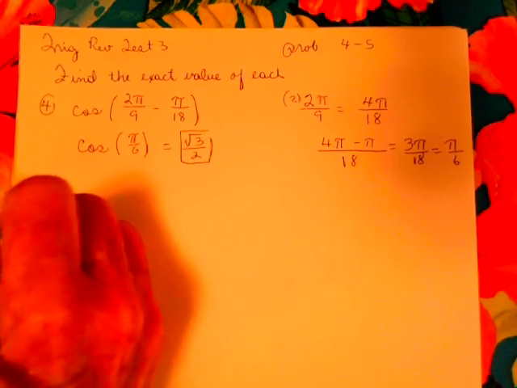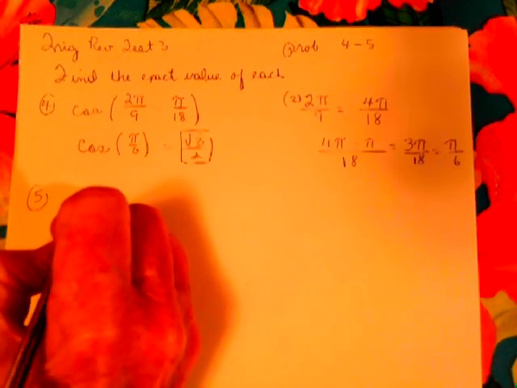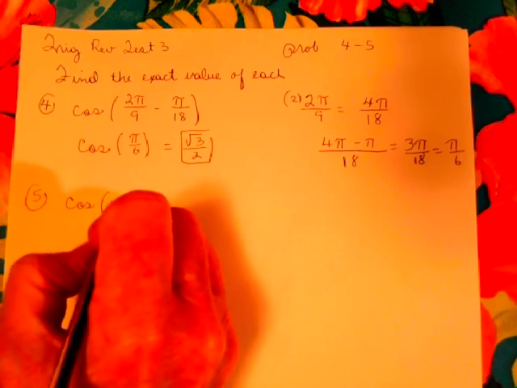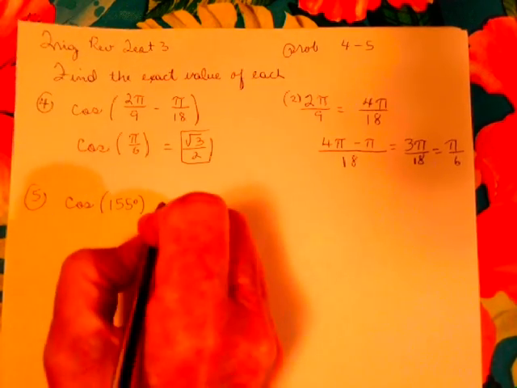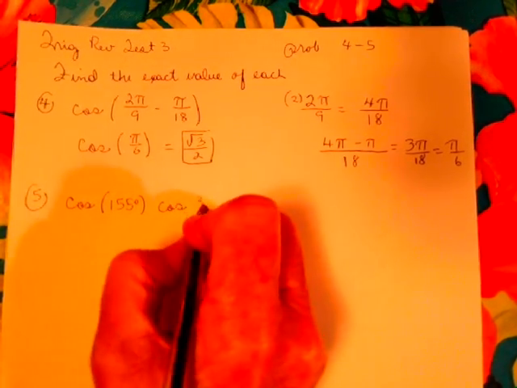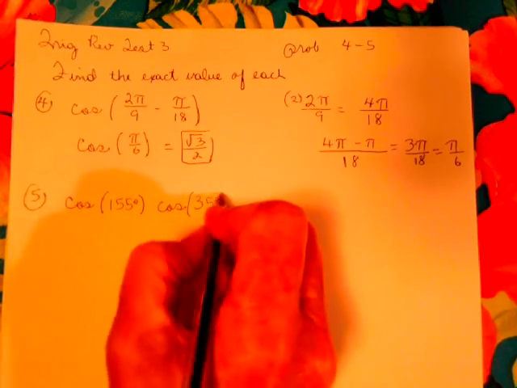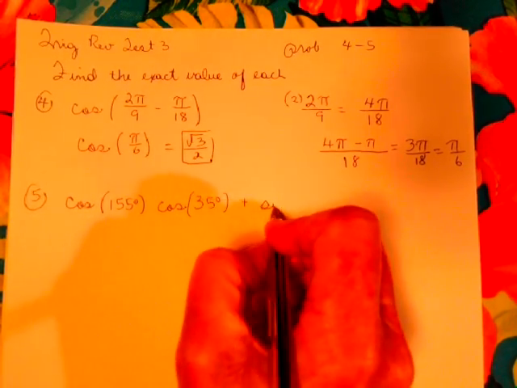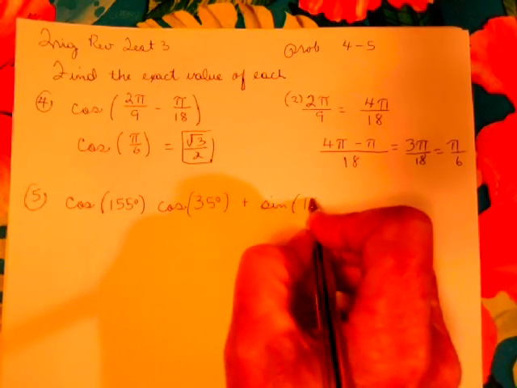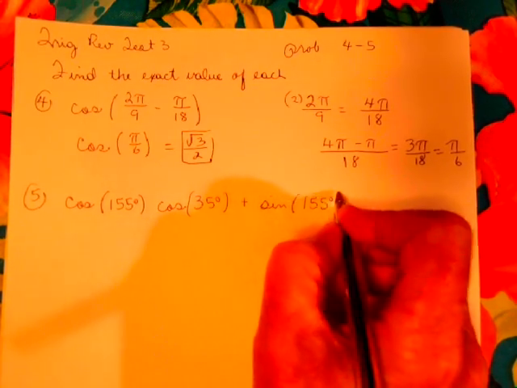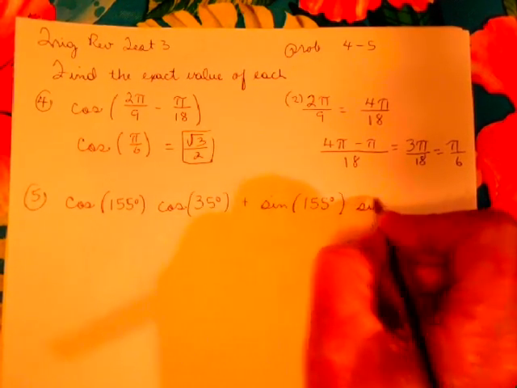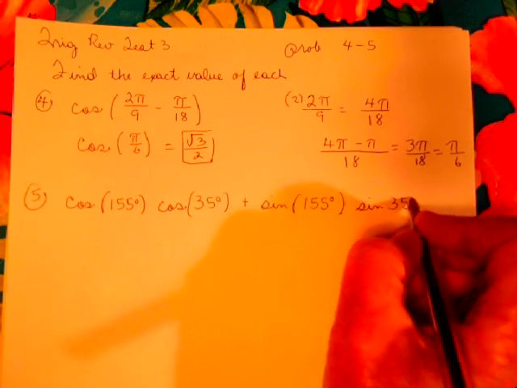Number 5. Find the cosine of 155 degrees times the cosine of 35 degrees plus the sine of 155 degrees times the sine of 35 degrees.